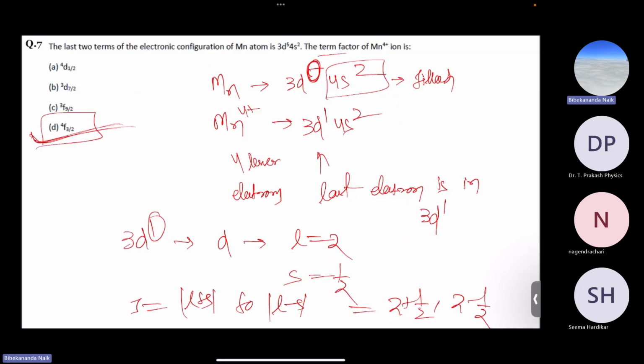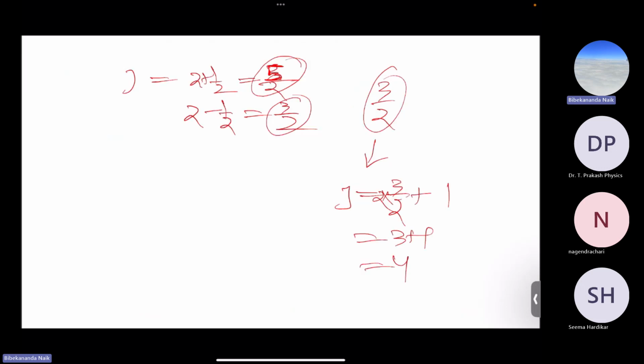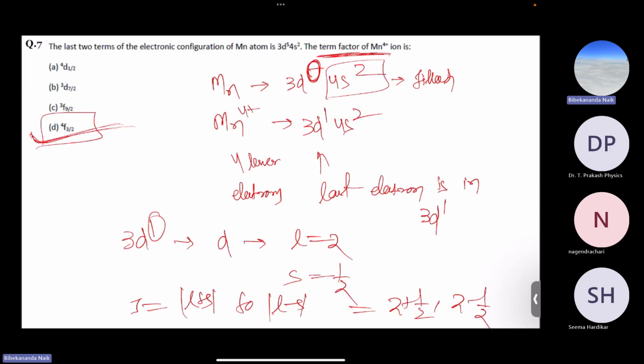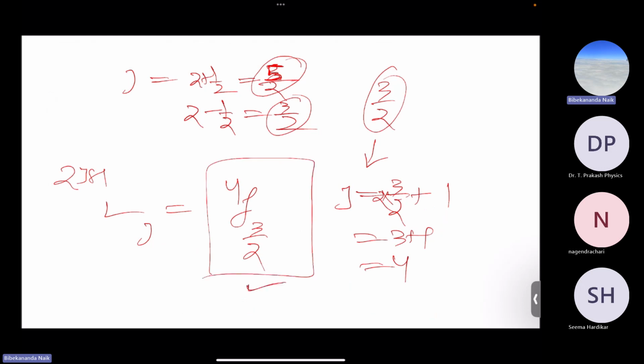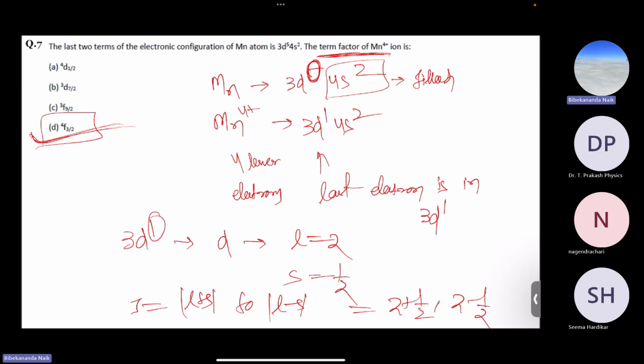Here it is the term factor, so 2S+1 L J is not valid here. So it is 2J+1 L J, which is 4. L is 2, so this 3/2 is the only available option. So it is 4F 3/2. This is the correct option, option D.